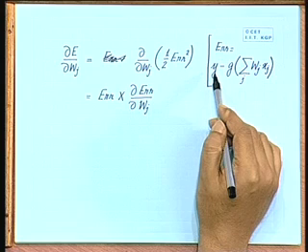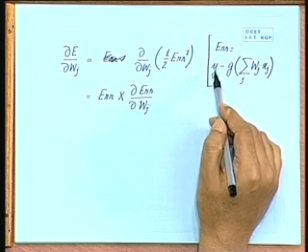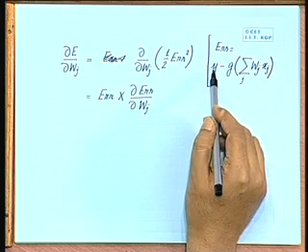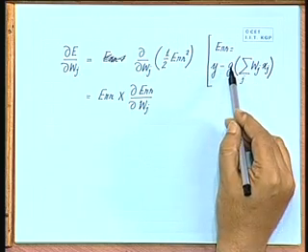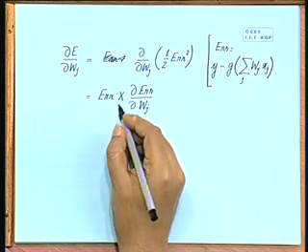What is y? It is the correct output, a value that is given to us. So, we are going to have delta of this.